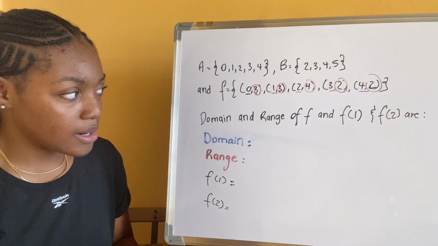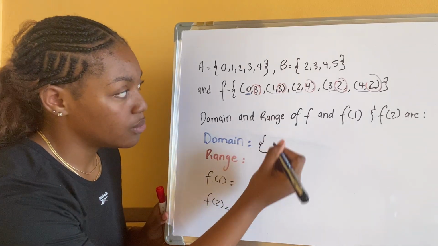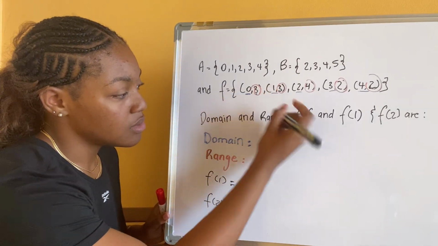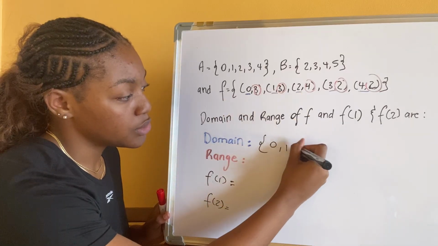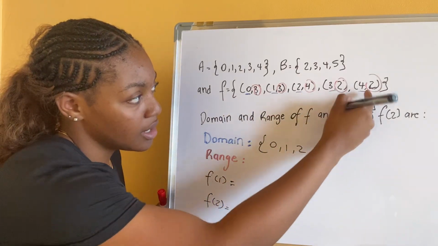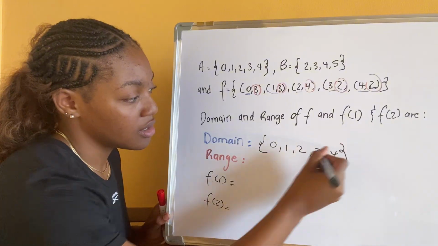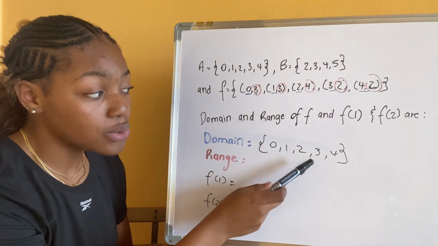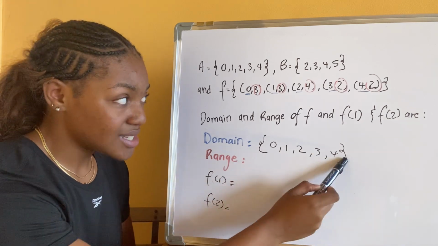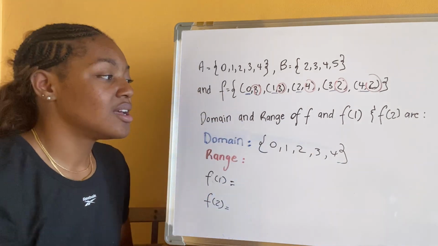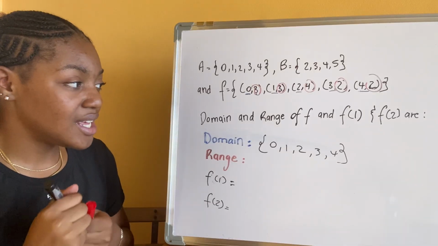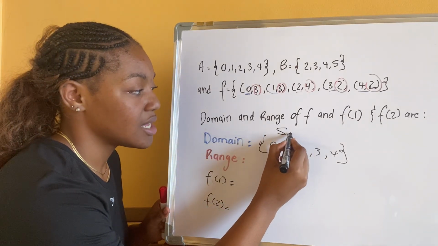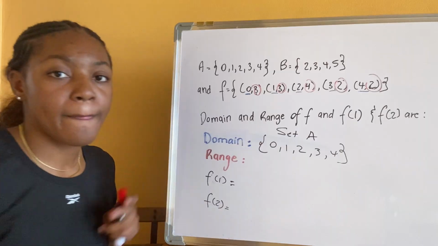So therefore our domain would be 0, 1, 2, 3, and 4. Since we have a set that has 0, 1, 2, 3, and 4, this set is the same thing as set A. That means that our domain is simply set A.